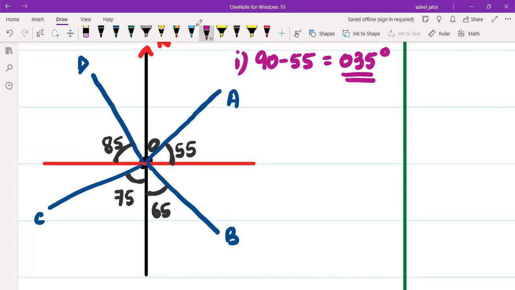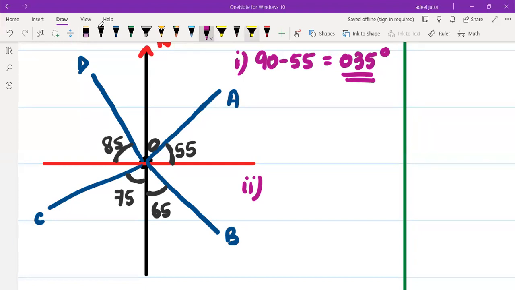Then bearing of B from O. B from O will be, we already know that this is 90 degrees and we needed the answer till here, because bearing of B from O means from north to the line of B. So this was 65. So that means this was not 66, this was 65. So that means this will become 25. If this is 25, 90 plus 25 will be 115.